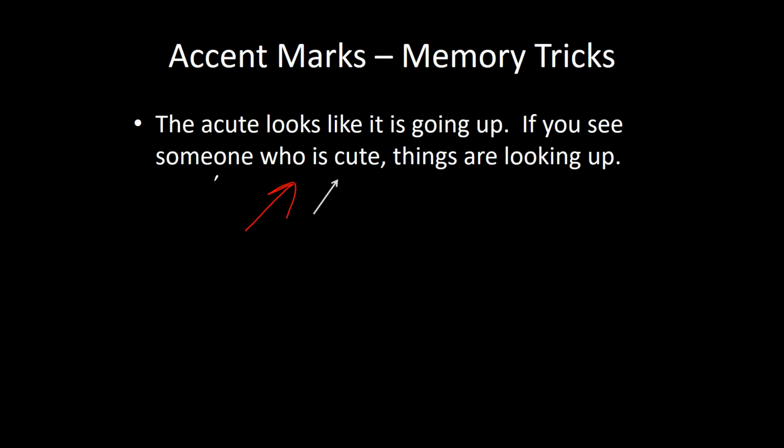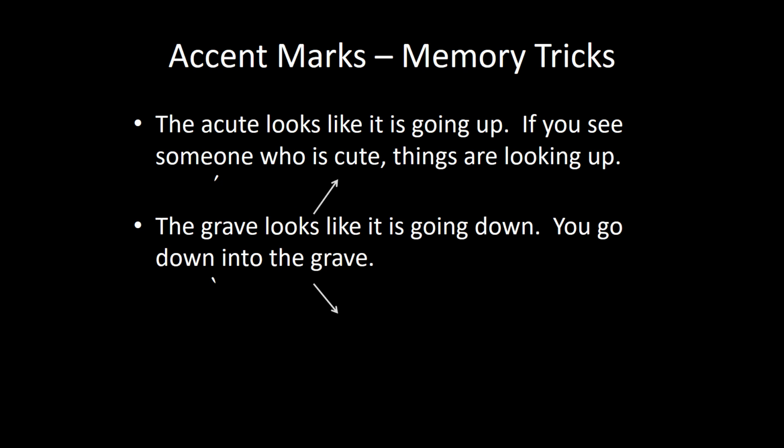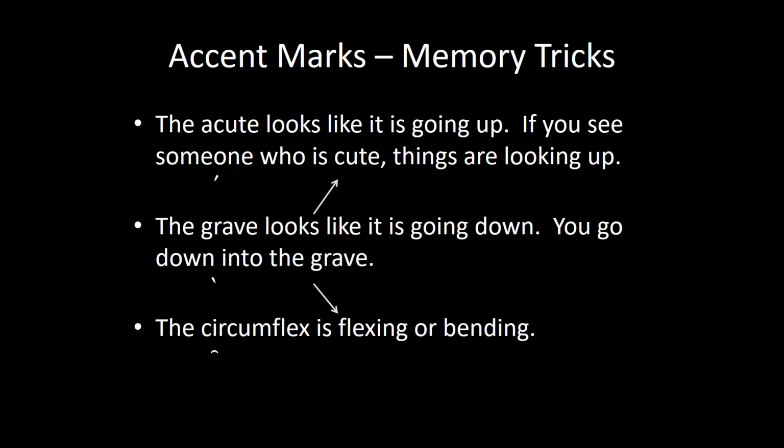So that's an acute, things are looking up. Now, going down, the grave looks like it's going down. You go down to the grave. And then the circumflex is flexing. It's flexing or bending. So 3 accent marks: the acute, the grave, and the circumflex.